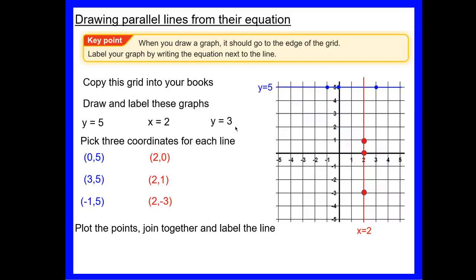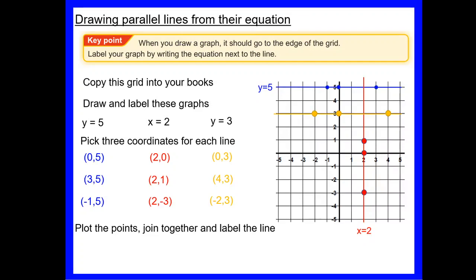Finally then, we're going to do y equals 3. So again, all the y coordinates need to be 3. So we'll just pick any 3 coordinates, but they must have a y coordinate of 3. So I've gone with (0, 3), (4, 3), and (-2, 3). I'm going to plot those on the graph. So 0 across 3 up, 4 across 3 up, -2 across 3 up.